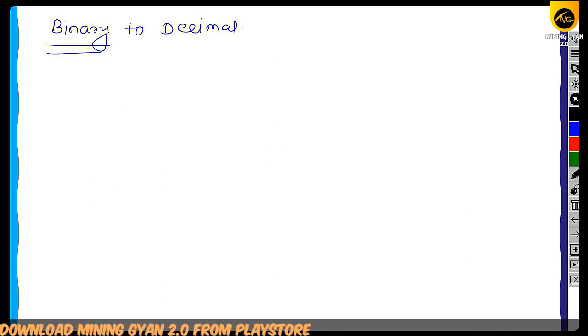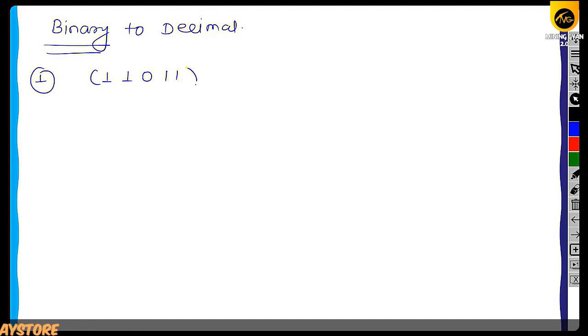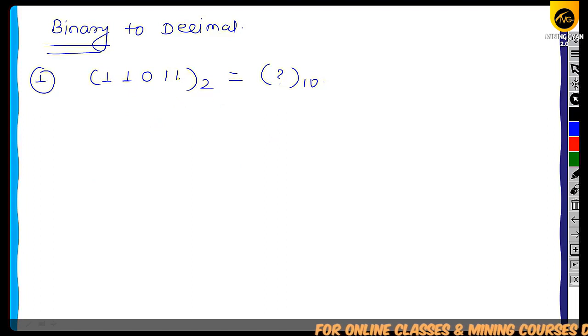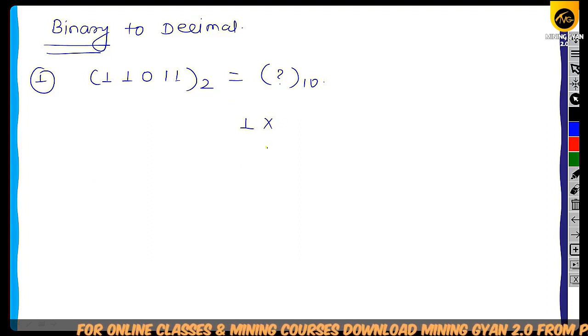So basically, suppose the first example is 11011, which is in the form of the binary system. Now we have to convert it into decimal form. Always remember, if you want to convert any binary number to a decimal number, just take the rightmost digit 1 and multiply it by the base number of binary to the power of 0.